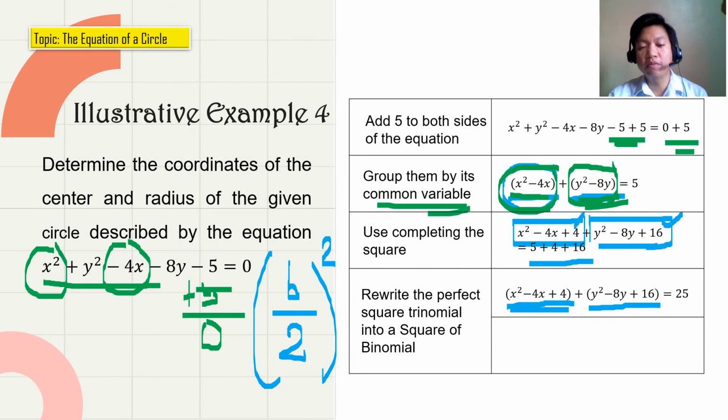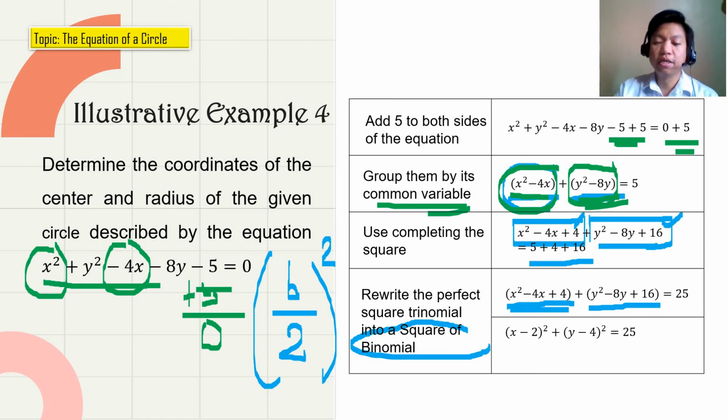So, madali na natin makukuha yung kanyang square of binomial. So, it will become the quantity x minus 2 squared plus the quantity y minus 4 squared. So, yun na yung kanilang square of binomial.